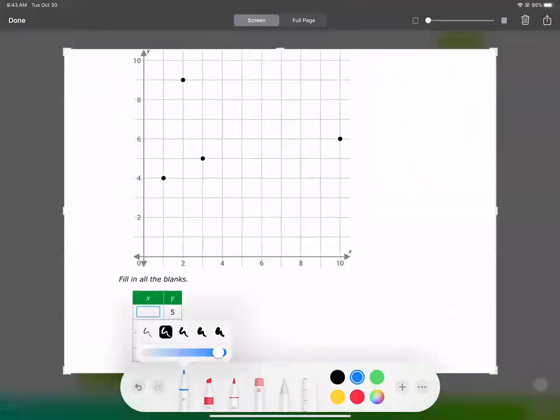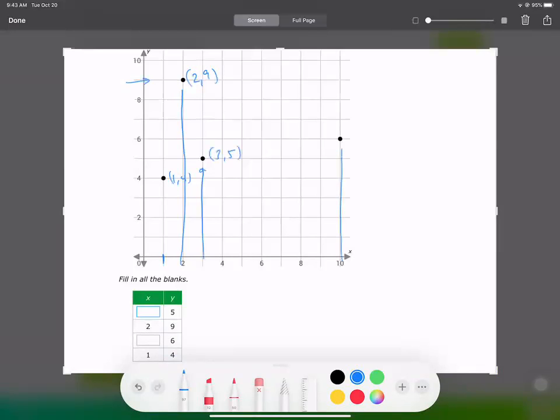So I'm going to go ahead and just write down these values. We have 1, so that's 1, comma 4. Up here, it's 2, comma, that looks like 9. This is 3, comma 5. And this is 10, comma 6. So to fill out the graph, we have something 5.